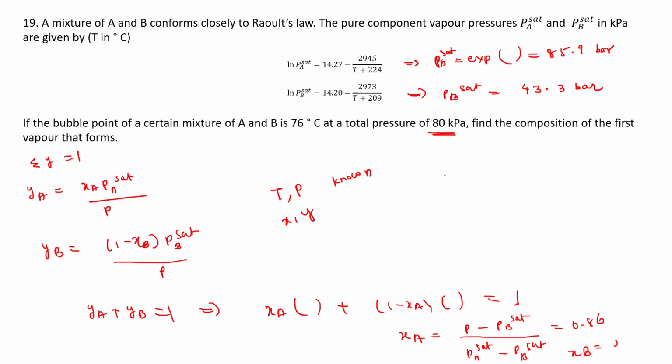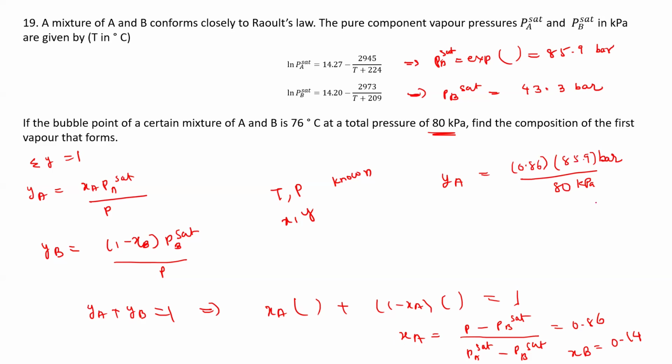Now we want to find YA, which equals XA, that is 0.86, into PA sat, that is 85.9, by total pressure, that is 80 kilopascal, and this is in bar. So I have done all those conversions here.